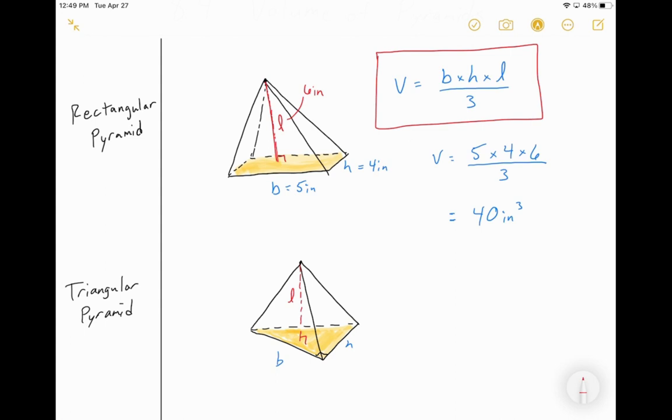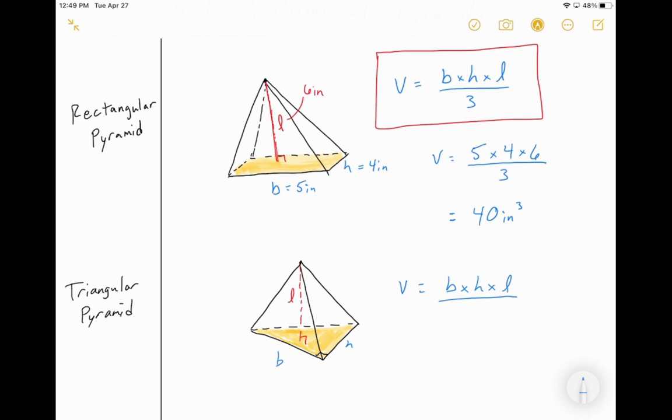All right, so here we go. Here's the formula. Remember, you have to remember how many of those small triangular pyramids fit into the big rectangular prism. So we start with the same thing. We multiply base times height times length. But we divide not by 3, but remember, it took twice as much, right?